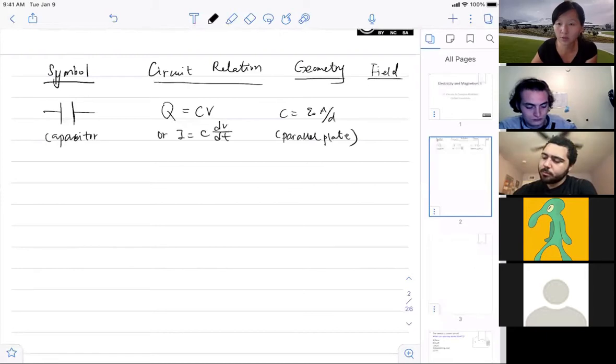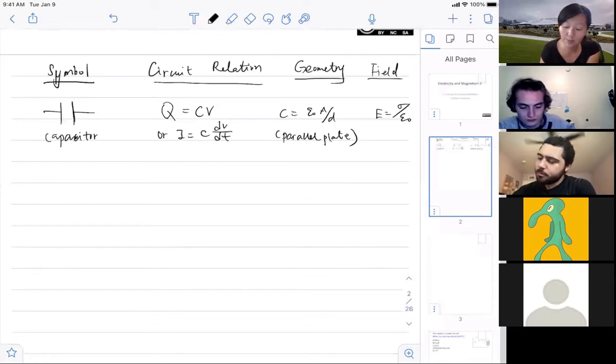The electric field between the capacitor plates can be calculated using Gauss's law for an infinite sheet, and now you have two infinite sheets added together. So it's sigma over epsilon naught, where sigma represents charge density.